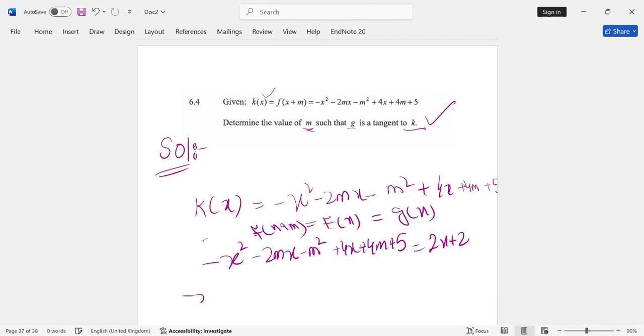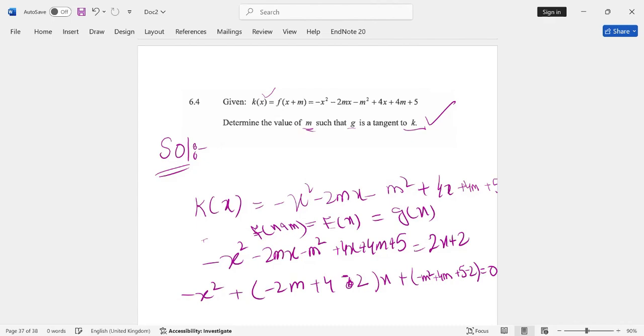We have minus x squared plus minus 2m plus 4, minus 2, into x, plus minus m squared plus 4m plus 5 minus 2 equals 0.